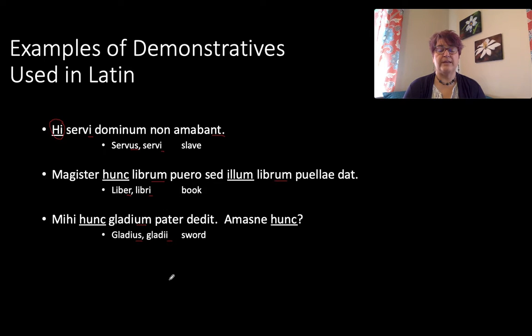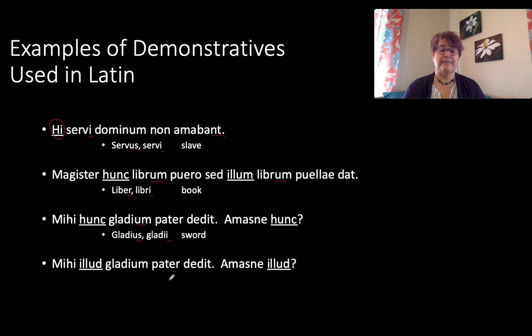I could be talking about the father because my pronoun is masculine and singular like father is, or I could be talking about the sword. It's likely that I'm talking about the sword since I'm specifically pointing it out to you, asking if you actually like it. And that's how I would choose to translate hunc in this second sentence. Amasne hunc? Do you like it?